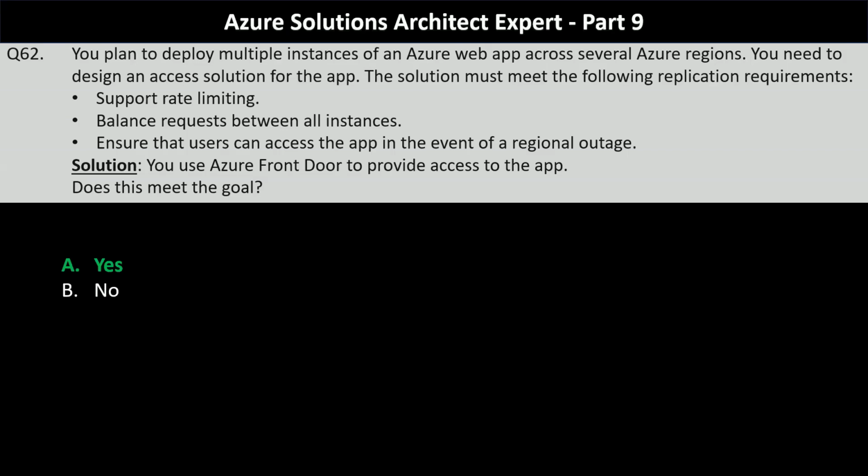In case of a regional outage, Front Door automatically redirects traffic to the next available instance in a healthy region, ensuring continuous availability, and Front Door also performs health probes to monitor the status of each instance and routes traffic only to healthy endpoints.